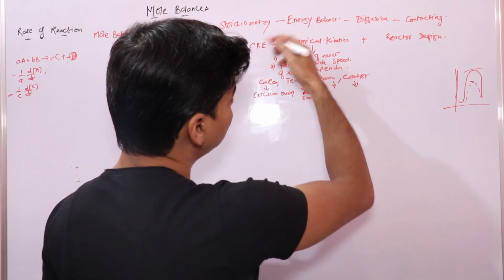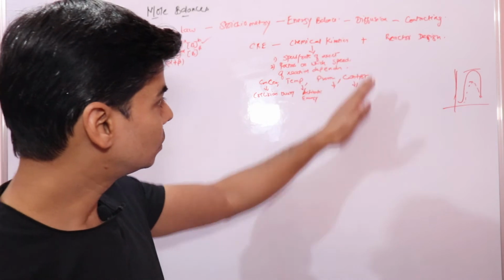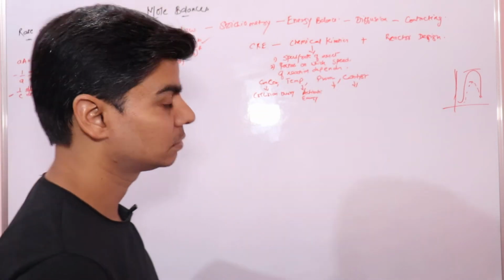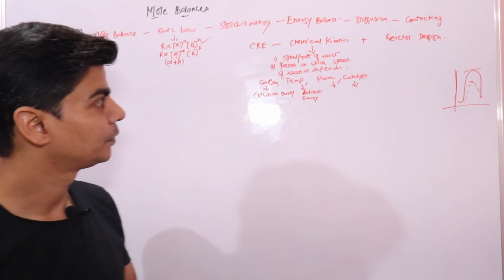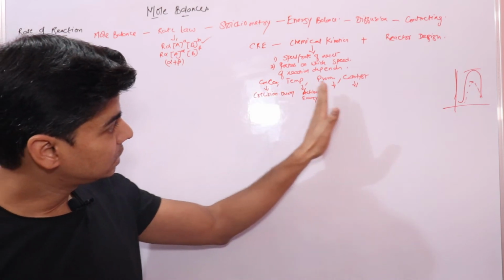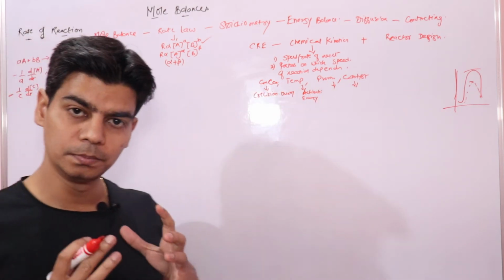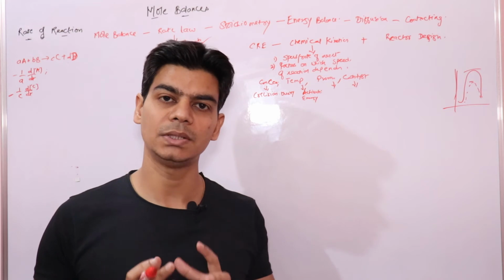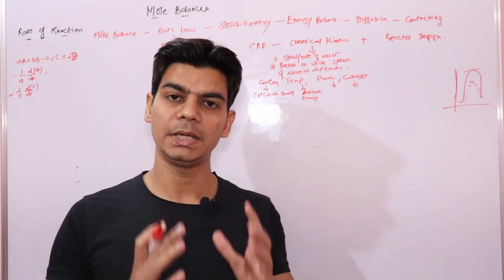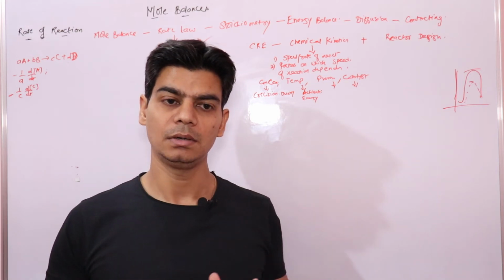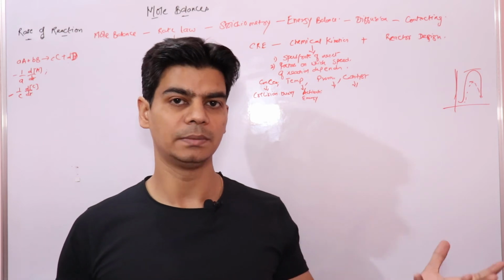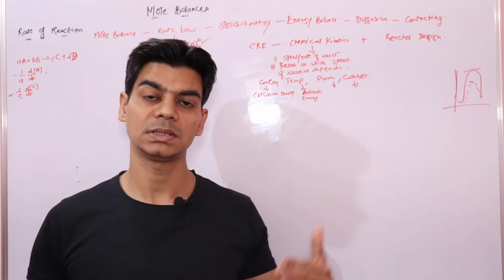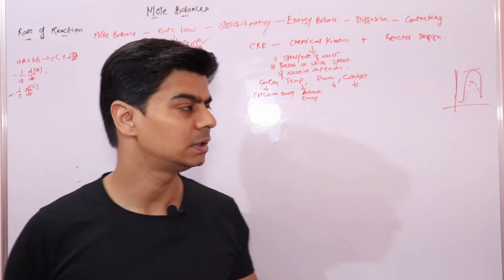right. Once you know all this, once you understand all these and the thermodynamics of a reaction, because all these things will tell you how to make your reaction economically feasible, right, optimizing the costs also at the same time.